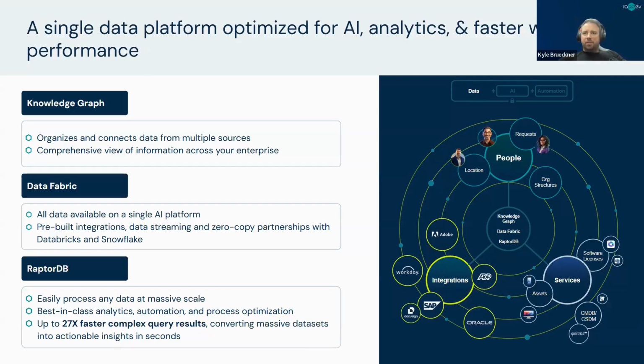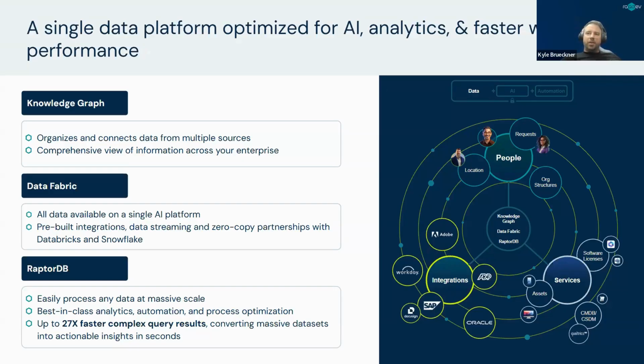RaptorDB has had mixed feedback so far. It's good for most use cases, but I want to focus on the knowledge graph and how important it is for us to solution and really solve for problems that'll end up resulting in a lot of productivity, meaning we can begin to replace a lot of effort that's currently done by the human workforce with these AI agents on the ServiceNow platform.